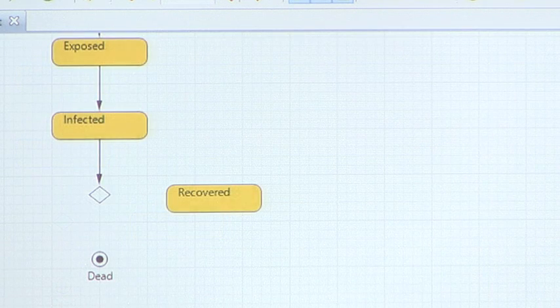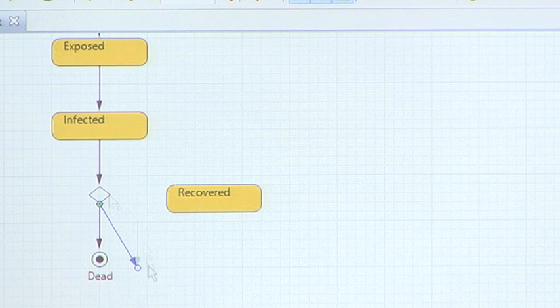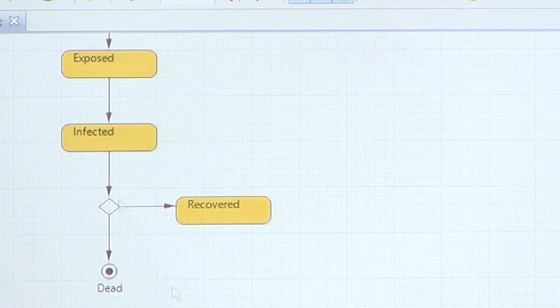I'll use a branch here. So far there is no clinic, no treatment in our model. So the only way of exiting the infected state is when the illness naturally finishes.